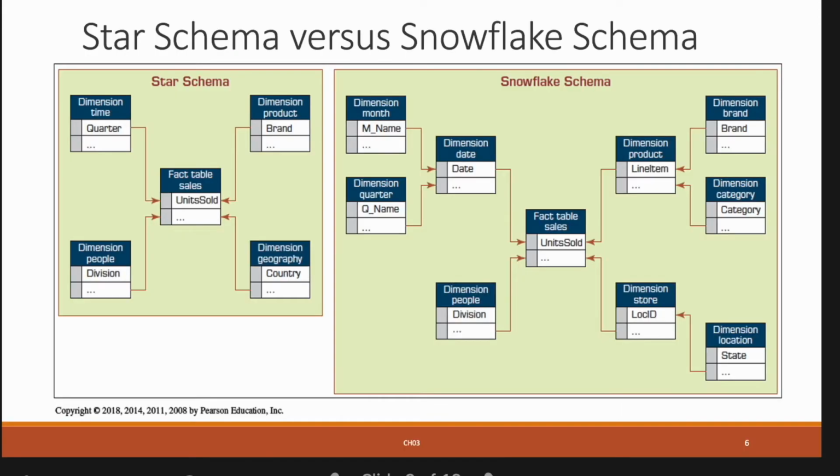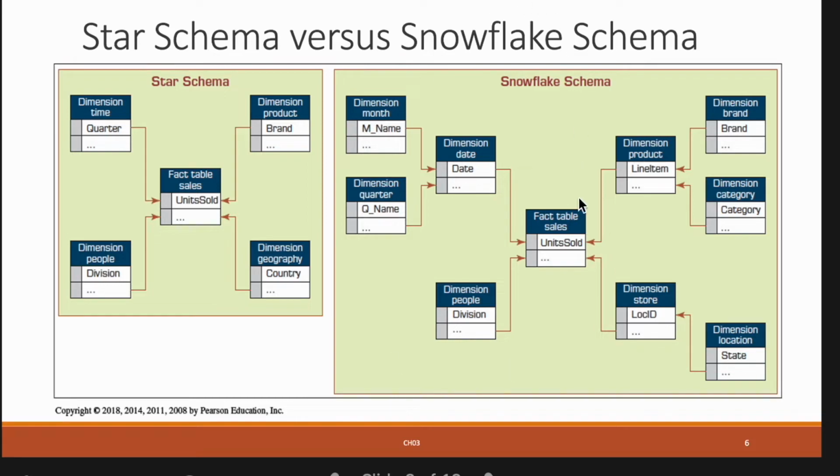There are different styles of dimensional modeling, including the star schema and the snowflake schema. The star schema is the most commonly used and the simplest style of dimensional modeling, which is also what we're going to apply in this class.